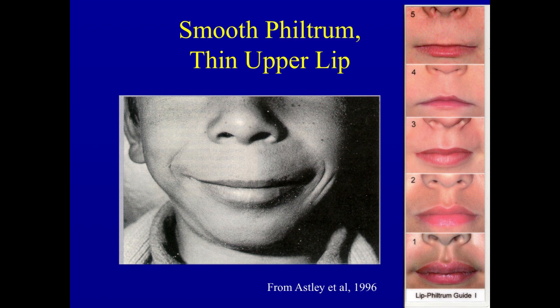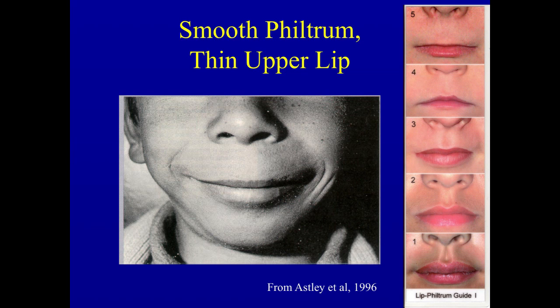We talk about that smooth philtrum and thin upper lip in fetal alcohol syndrome, and I'd like to recognize Susan Astley, who has done computer-generated work and correlated computer work with photographs, and has developed a Likert scale with which we can recognize the smoothness of the philtrum.